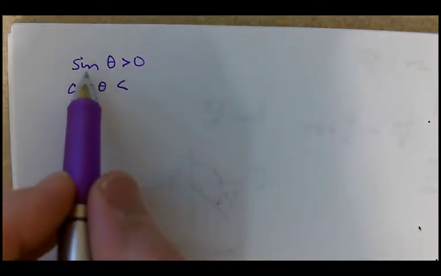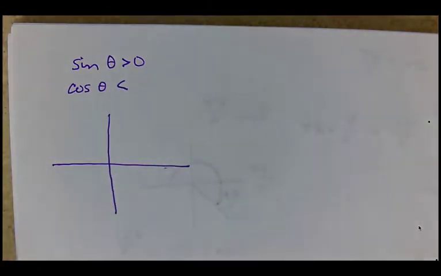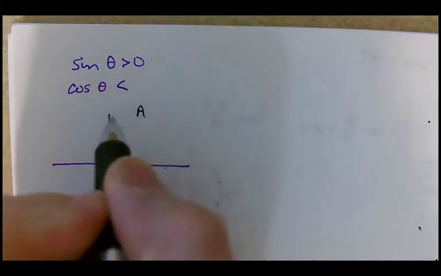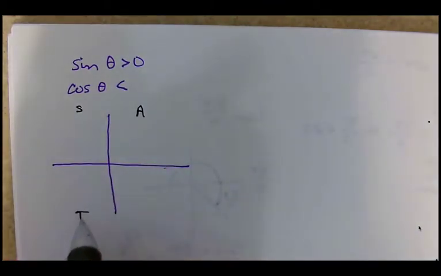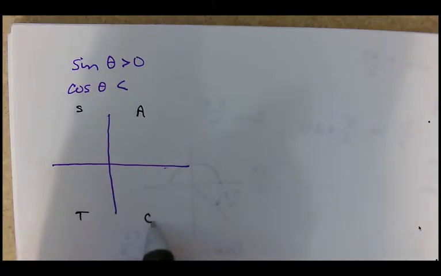Well, we know the 2 quadrants for sine are positive in which locations? I'm going to write it up. All science teachers are crazy.